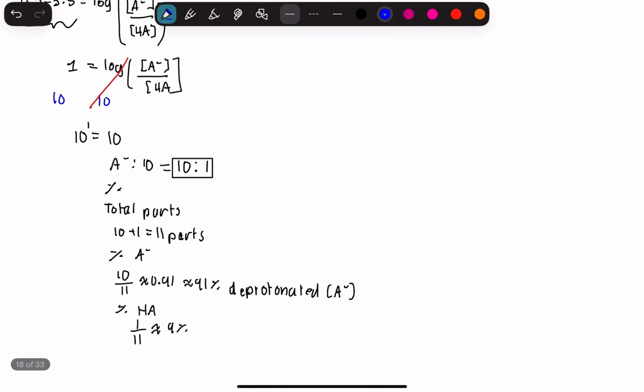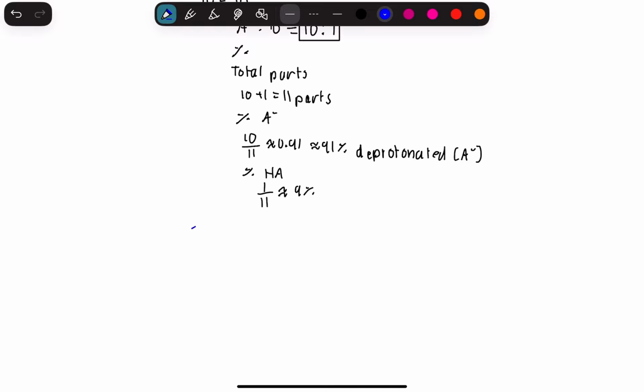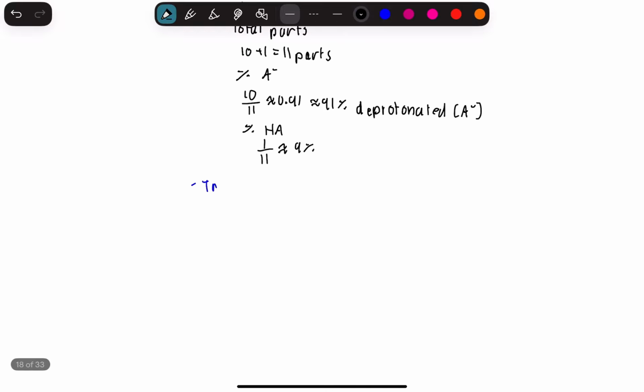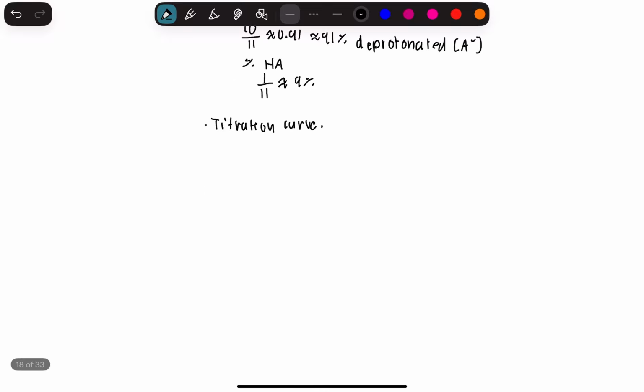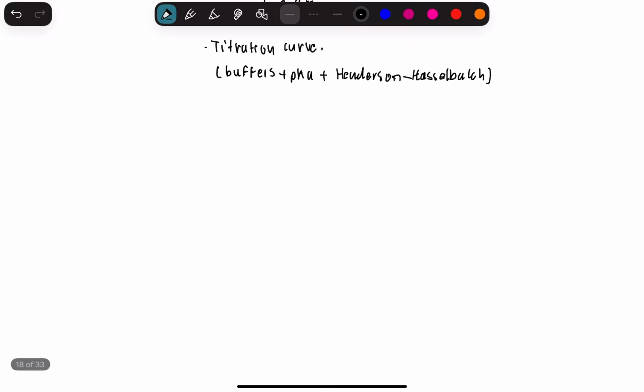Okay, so now after this, let's do a titration curve problem. This is when you use buffers plus pKa plus Henderson-Hasselbalch, so this is combining three ideas.